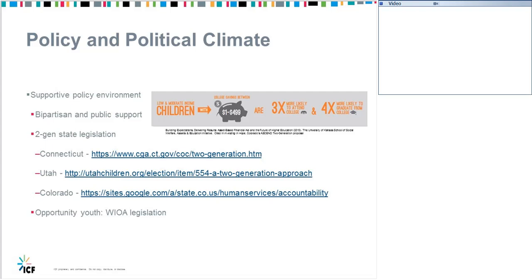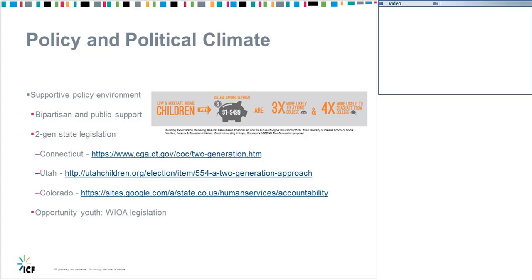And I also want to say that for opportunity youth, the federal government is taking strides to support older youth development, especially in opportunity youth through the reauthorization of WIOA, the Workforce Innovation and Opportunity Act, which encompasses workforce opportunities for all ages, but provides specific funds to help older youth ages 14 to 24 engage in productive careers.